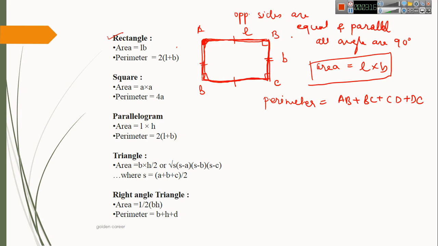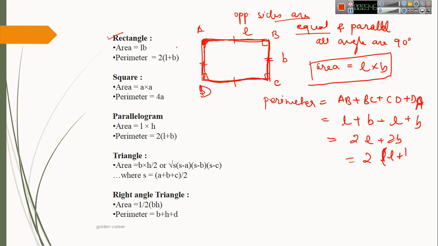As opposite sides are equal, if AB is L and BC is B, then CD will again be L and DA will again be B. So the perimeter is 2L plus 2B, which is equal to 2 into (L plus B).